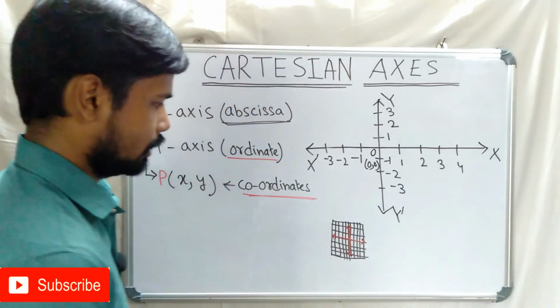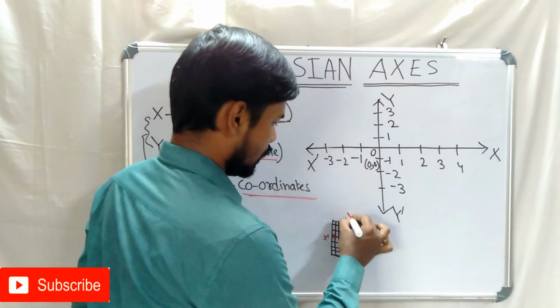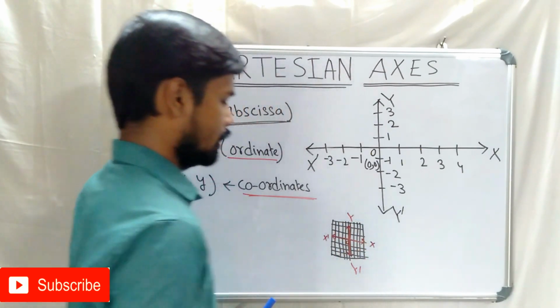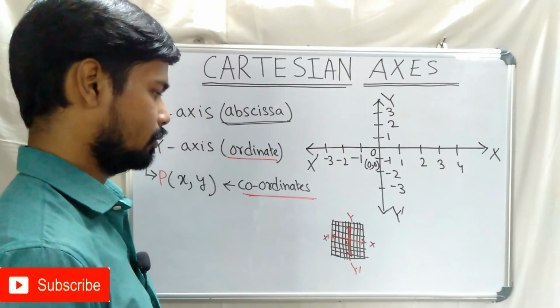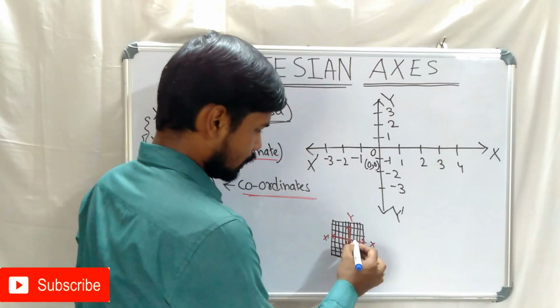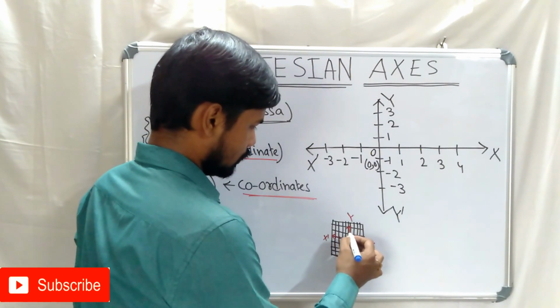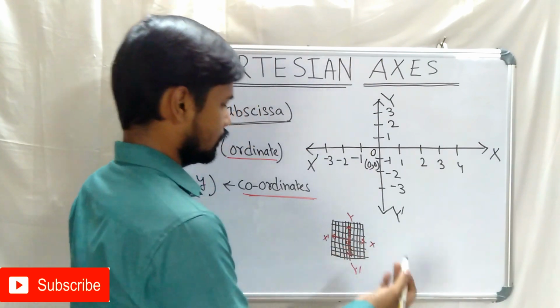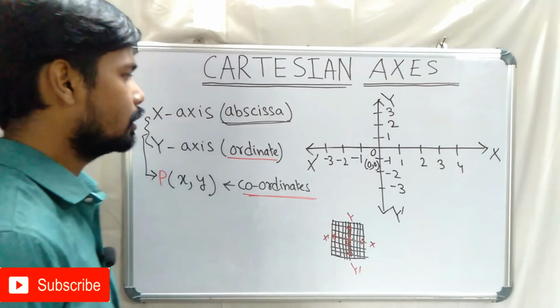Then say this is X O X prime, Y O Y prime, taken as the x-axis and y-axis together with the origin. Now here for each single box we can consider the numbers on the x-axis as well as the y-axis like this. So this is a sample.